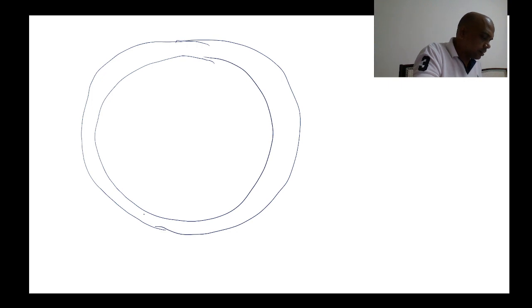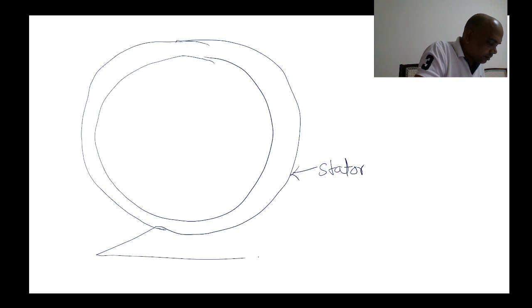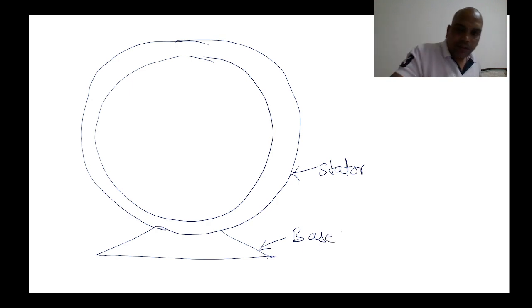This is the stator. This one is the base.